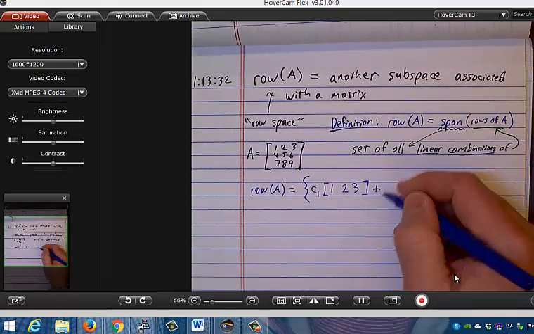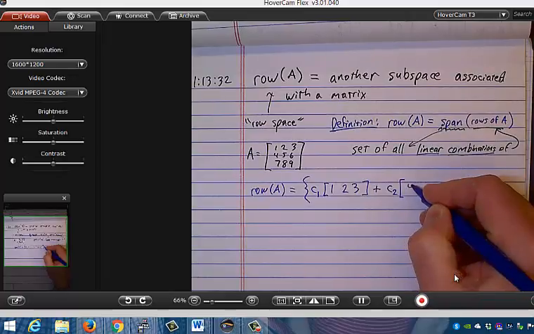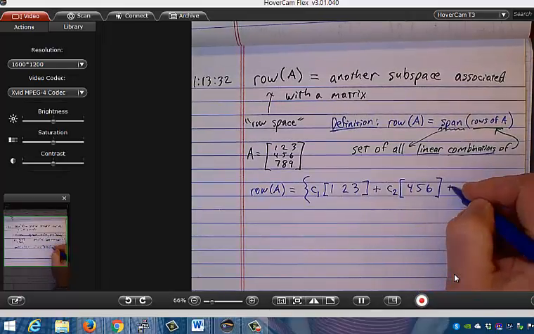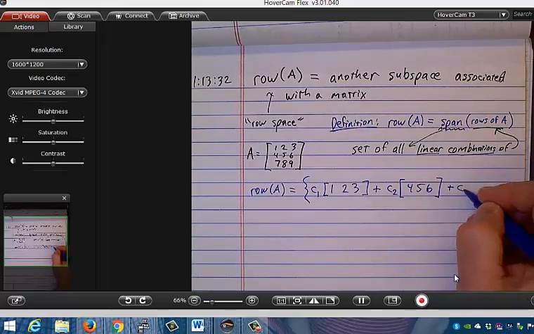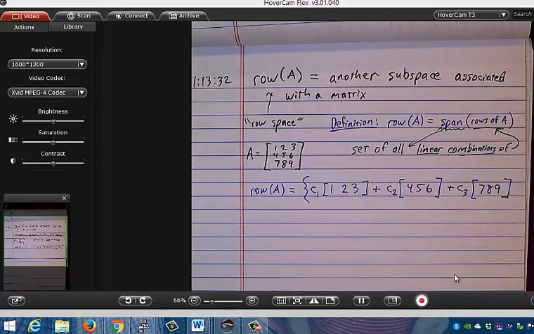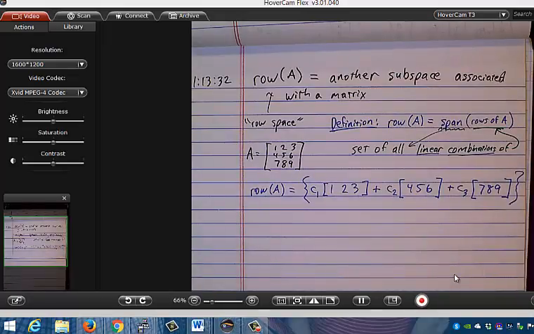Add it to some other constant, C2, times the row 4, 5, 6, and add that to some other constant times the vector 7, 8, 9. Okay? So if you can imagine what that set looks like, then you understand what the row space is.